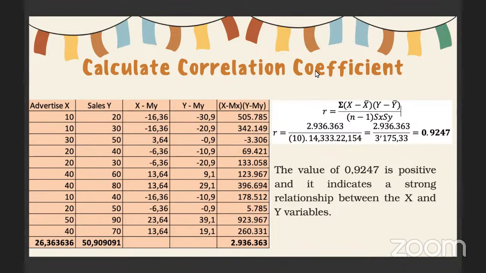That data is already provided in the descriptive statistic table in the previous slide. So after calculating and dividing, we get the r value, or the correlation coefficient value, of 0.9247. And it is a strong positive correlation coefficient between the x and y variables.